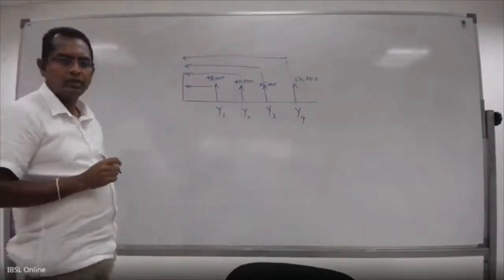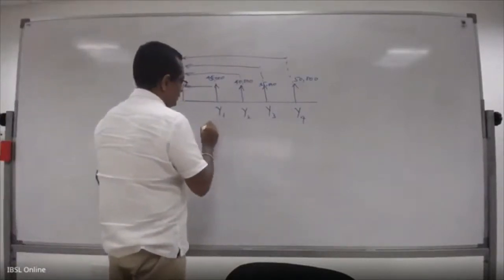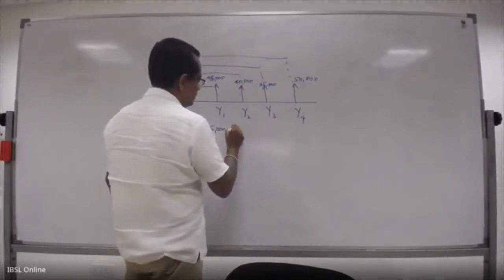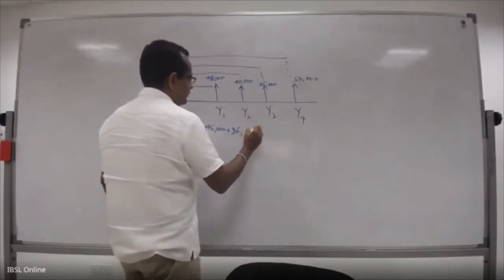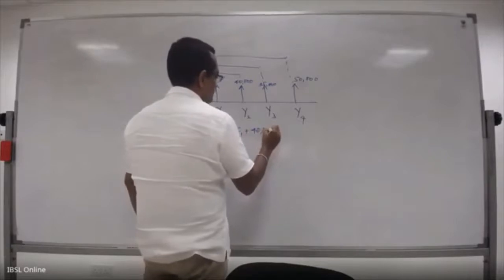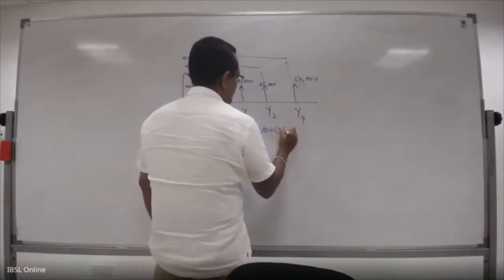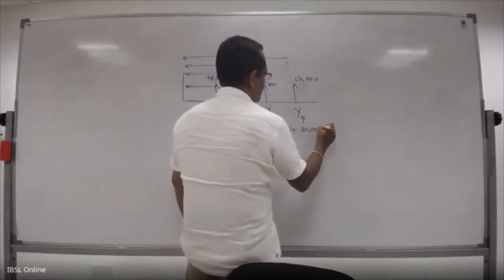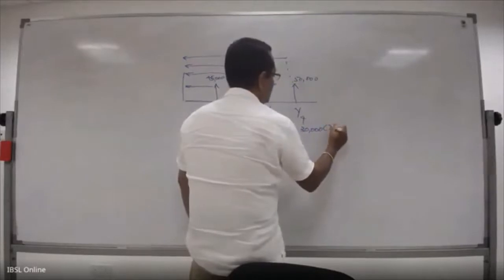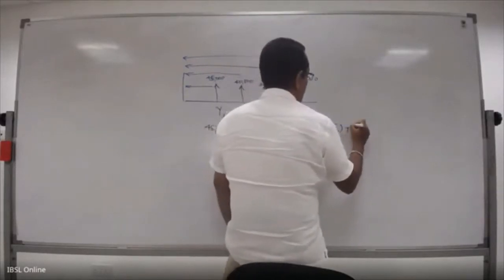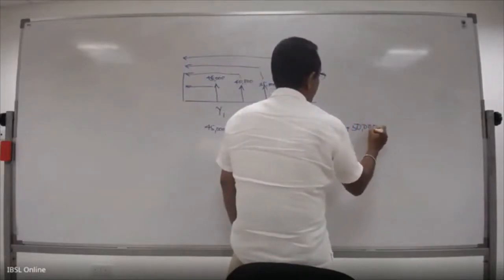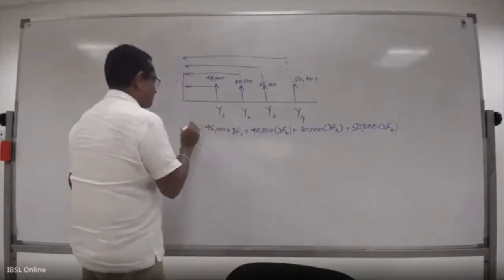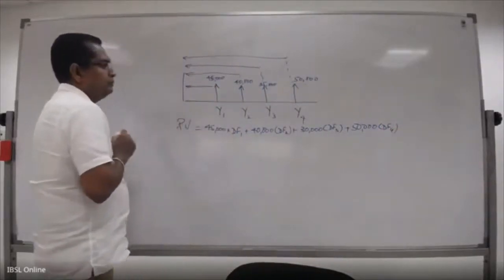Right? As you have correctly said, 45,000 into discounting factor 1, 40,000 into discounting factor 2, 30,000 into discounting factor 3 plus 50,000 into discounting factor 4. This is the present value, right?